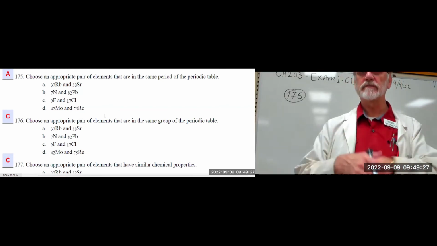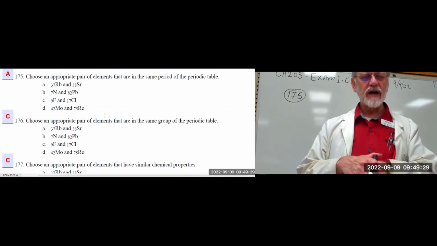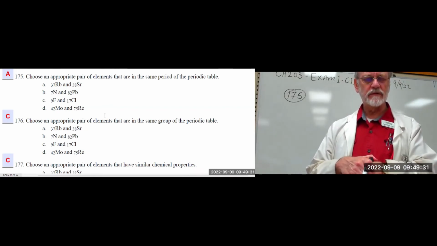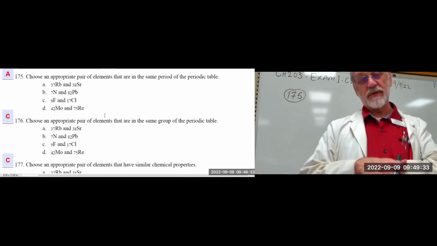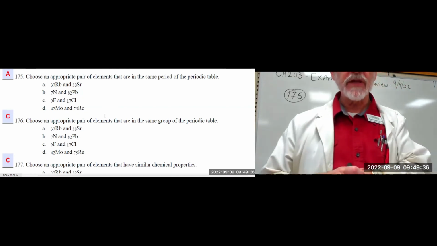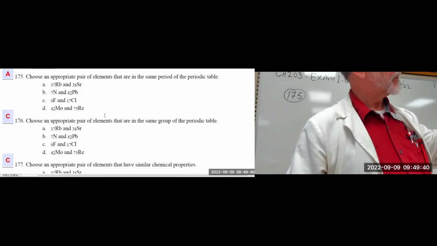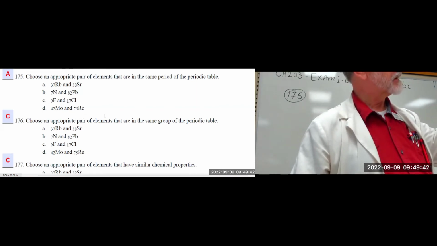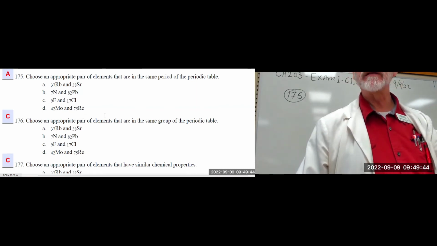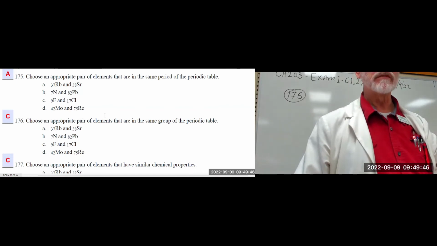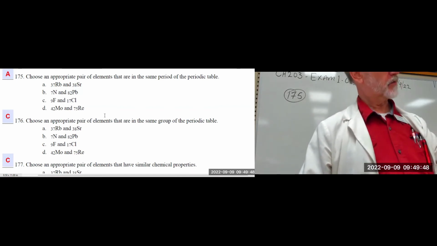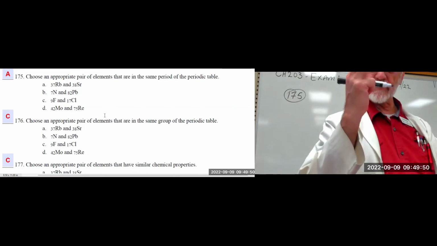Process of elimination. How about molybdenum and rhenium? Well, they're probably not close together because what's the maximum number of electrons you can go from S, D, and P? S is 2, P is 6. 1, 2, 3, 4, 5, 6.